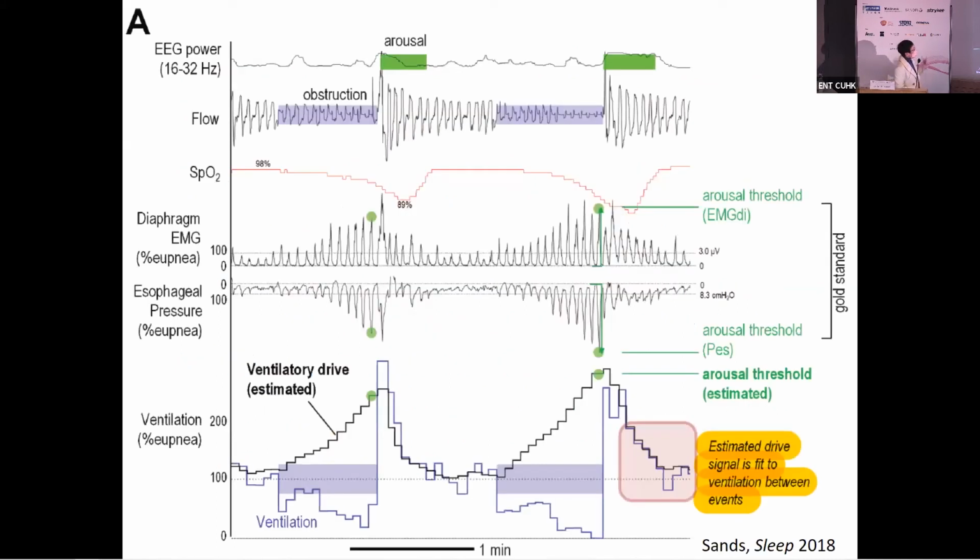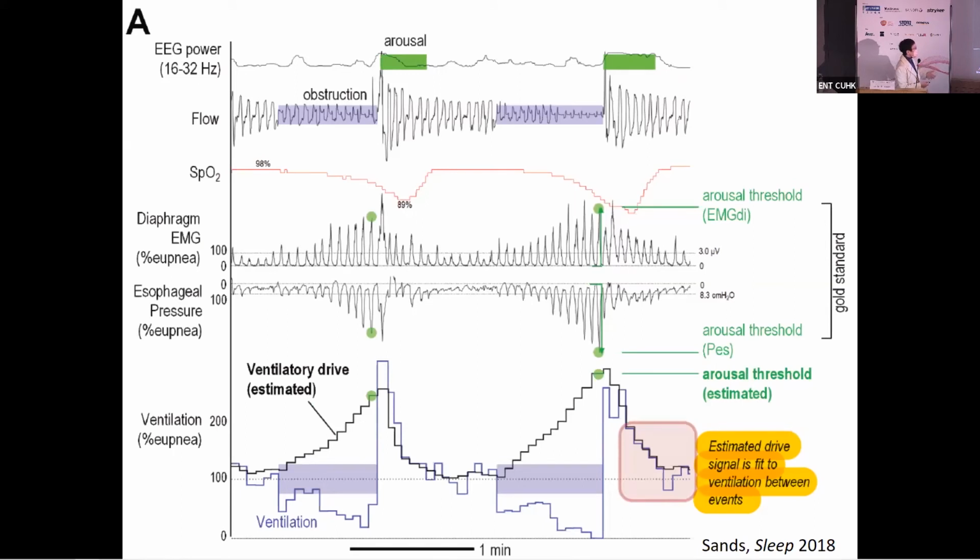So apart from using a pneumotachograph method to measure a person's respiratory drive, arousal drive, this is one method used by SANS, where they use information from the PSG and the ventilation to estimate the signal.